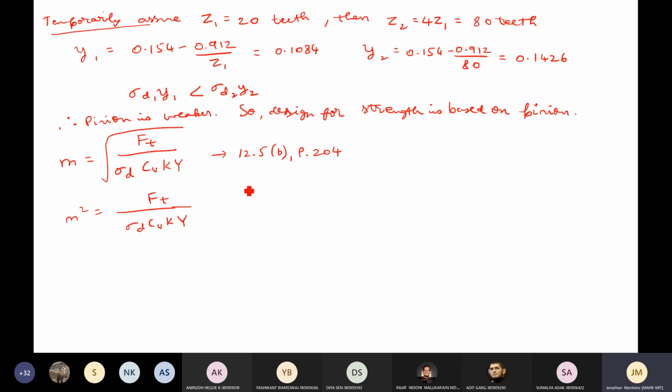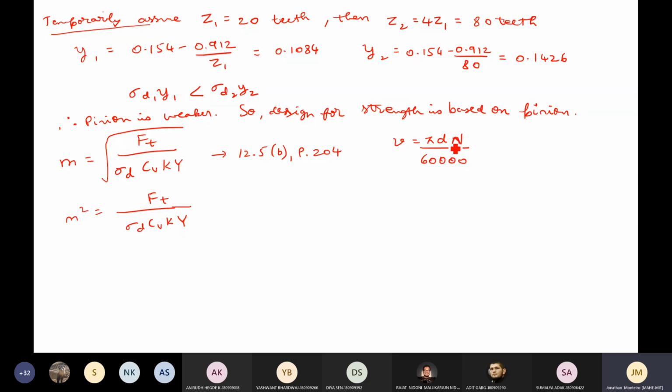Okay, now what are the things you already know? Now this difference will appear. What kind of a difference you require here? See, Ft is nothing but the tangential tooth load. But anyway, to find Ft we require V also here. So let us find out V, that is the linear velocity. V we know to be pi d n by 60,000.